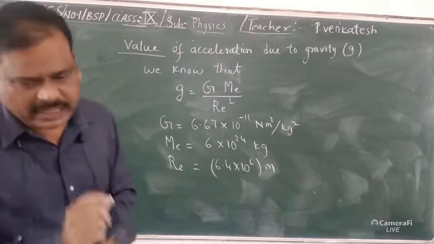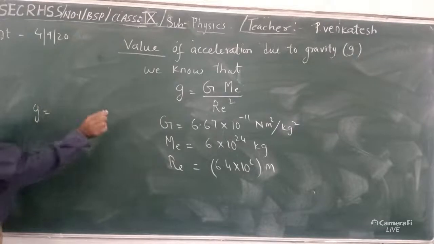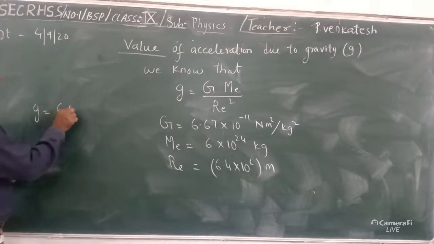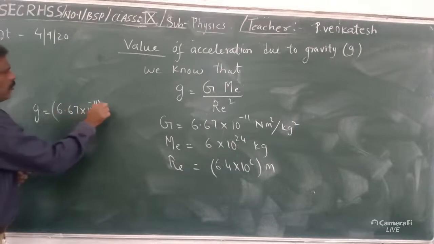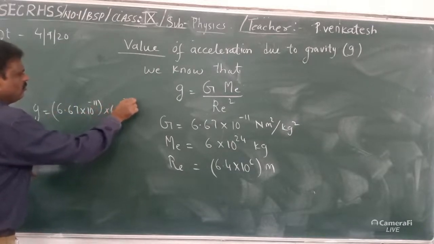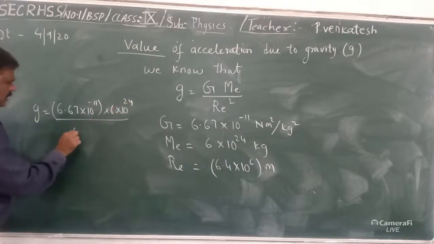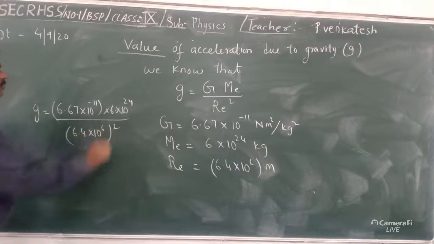Okay, when we calculate this one, by putting the value, g equal to 6.67 into 10 to the power of minus 11 into mass of the earth 6 into 10 to the power 24 upon R, that is 6.4 into 10 to the power 6 square.